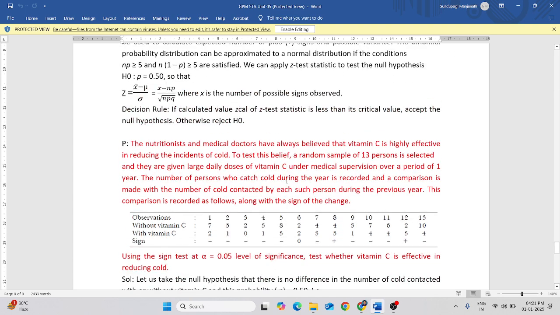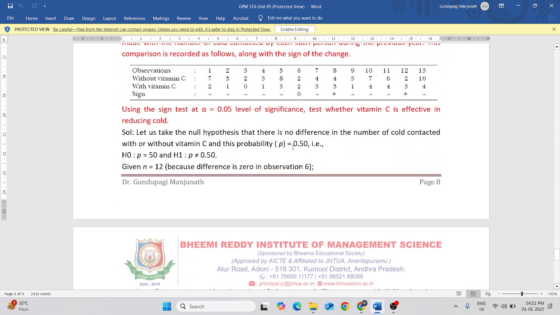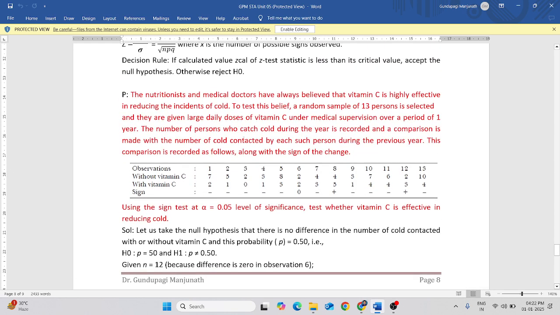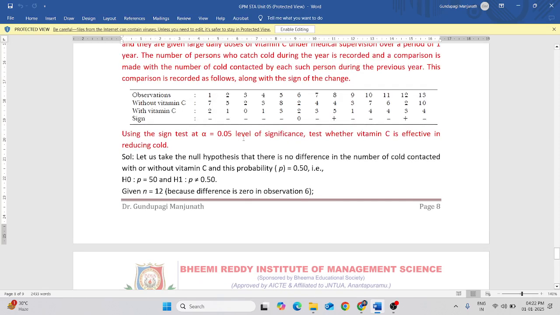As probability we are taking 0.50, and sorry, this is not 0.50, actually it should be alternative p not equal to 0.5.